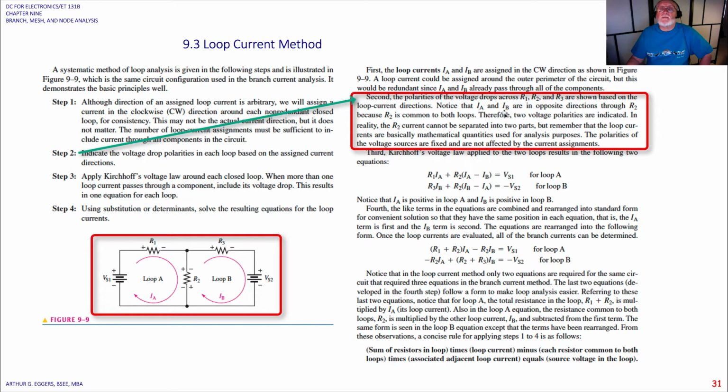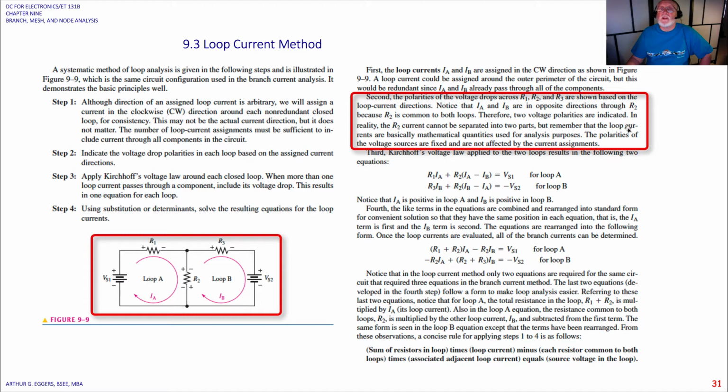Notice that I sub A and I sub B are in opposite directions through R2 because R2 is common to both loops. So you can see if I put a down arrow here, I would have an up arrow here through R2. Therefore, two voltage polarities are indicated. In reality, R2 current cannot be separated into two parts.